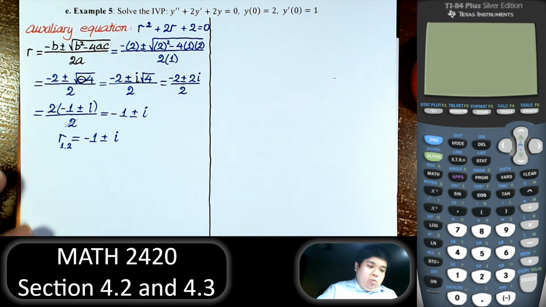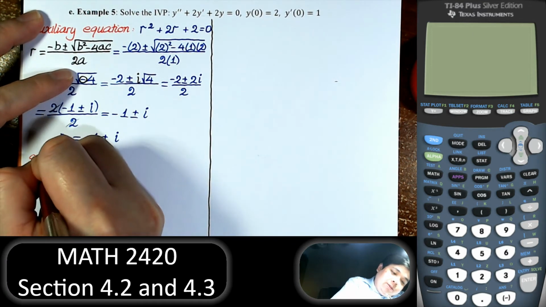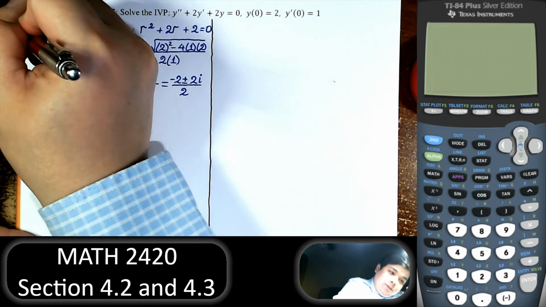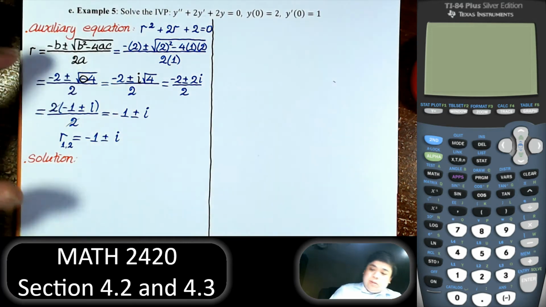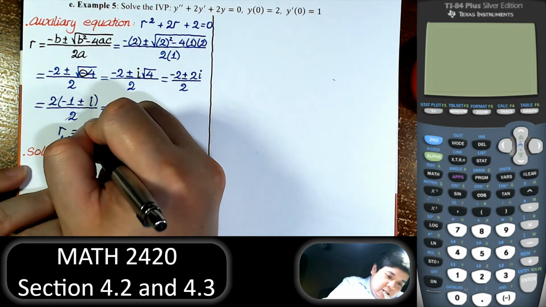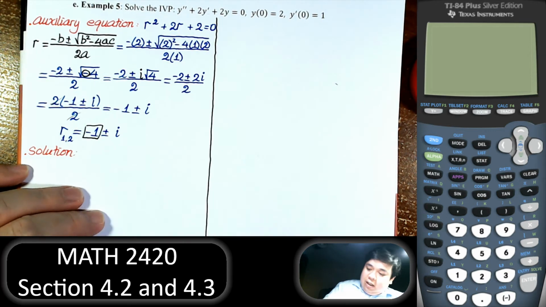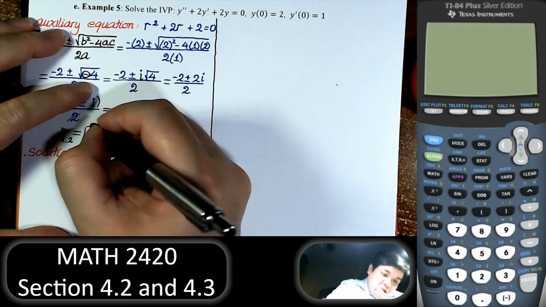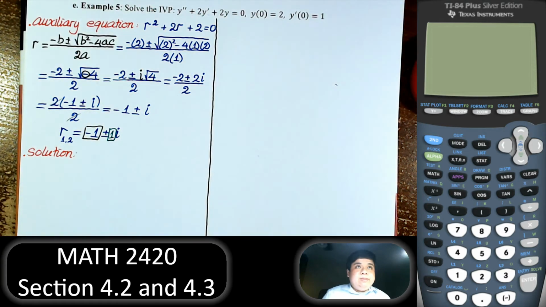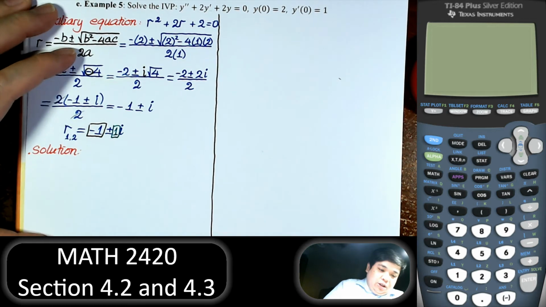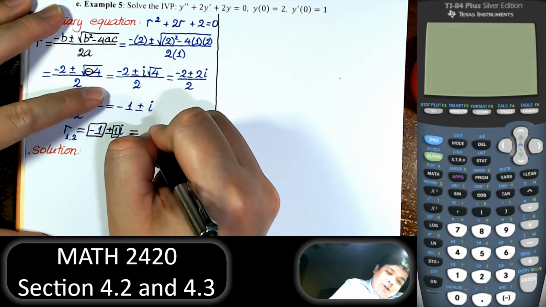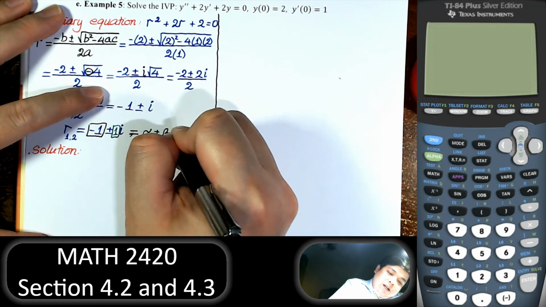Now we will write the solution. Right, so we have the real part and the imaginary part is 1. So this was equal to alpha plus or minus beta i.